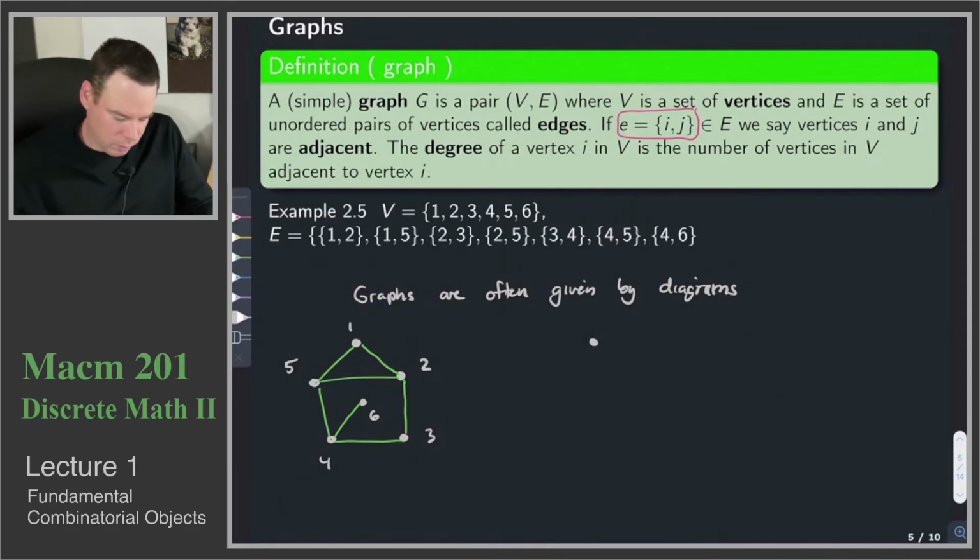So here we've got 1, 2, 3, and then we'll maybe do 4 down here, and we'll go 5, and then maybe 6 down here.